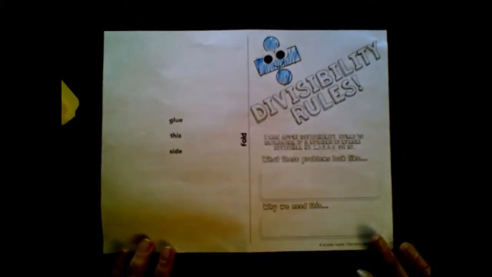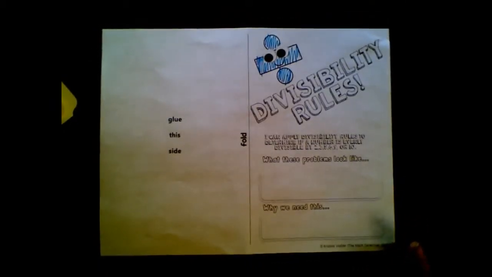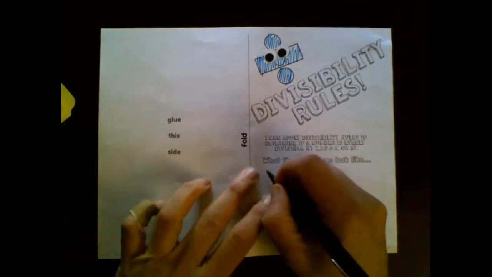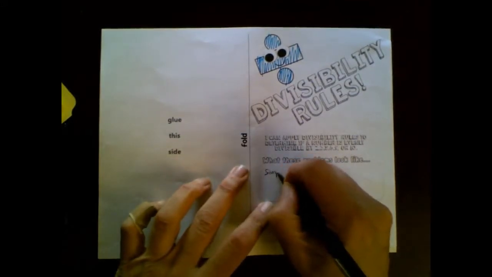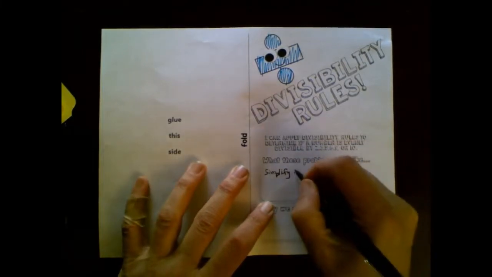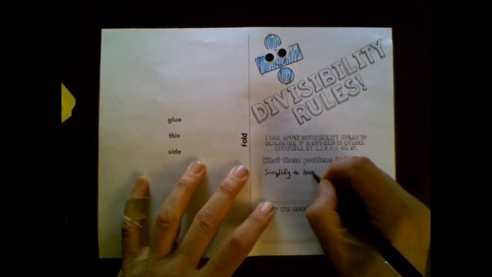But we have to fill in these blank spaces here. And what these problems are going to look like pretty much when you have divisibility rules is things like simplify to lowest terms.